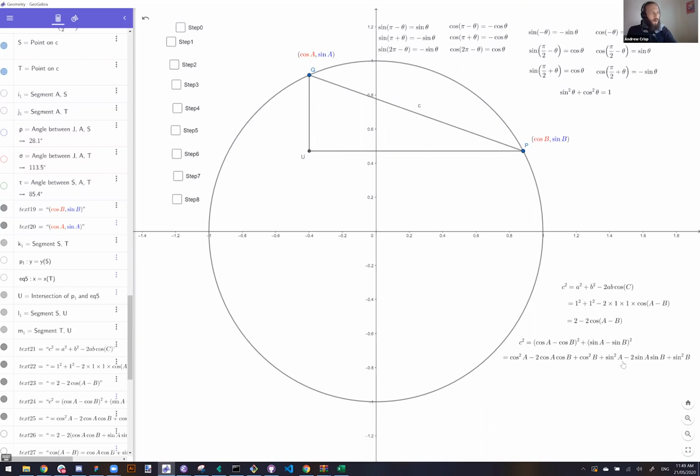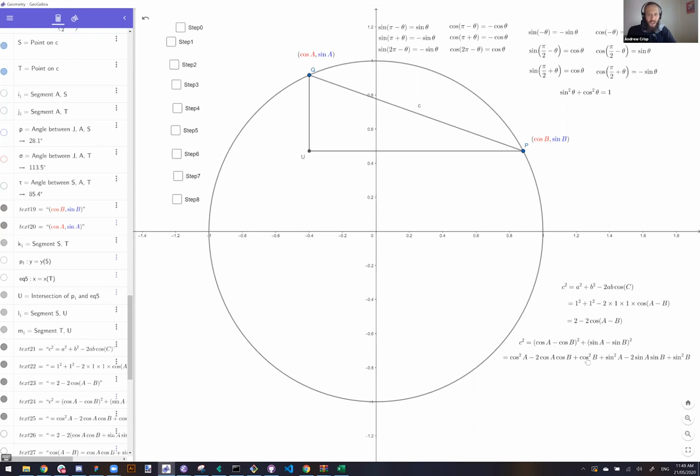That's going to give me a 1. It's always best using this rule in reverse. Find a bunch of really complicated stuff and you go, that's nice. Cos squared A plus sine squared A is 1. And then it simplifies down.